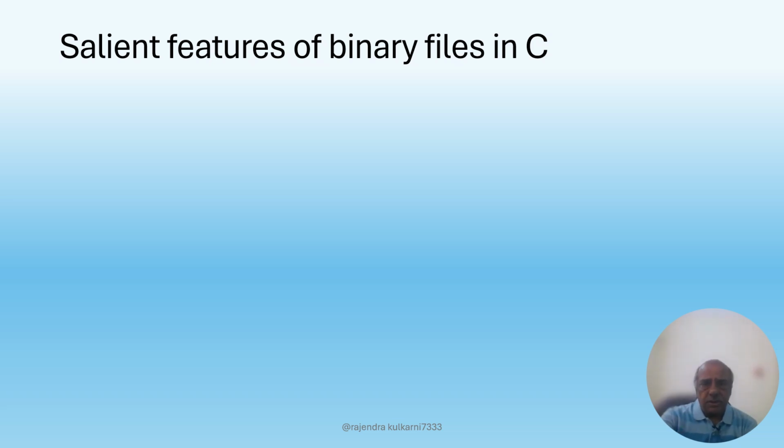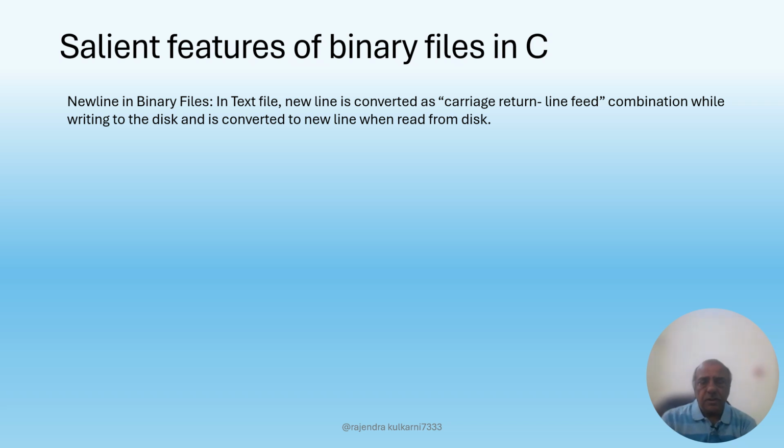In text files, a new line is converted to a carriage return line feed combination while writing to the disk, and is converted back to a new line when we read from the disk. In binary files, no such conversion takes place while entering data.